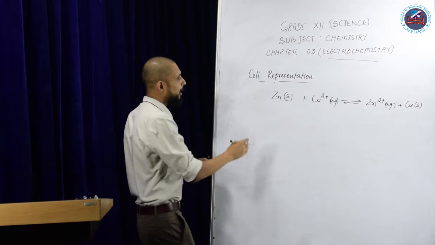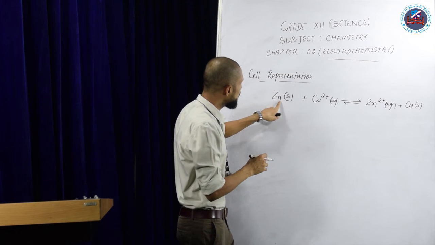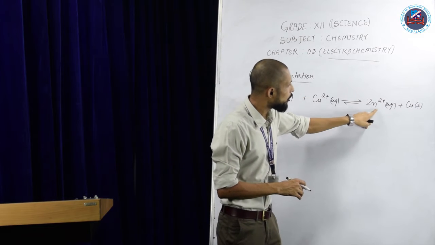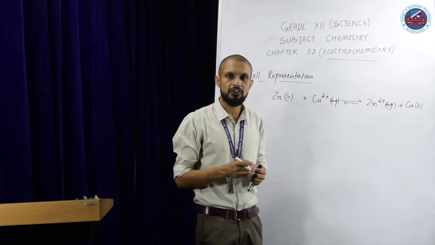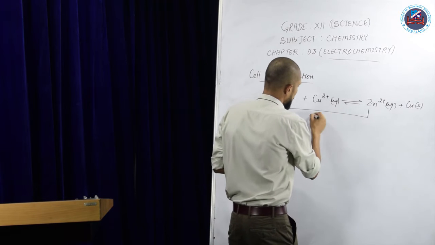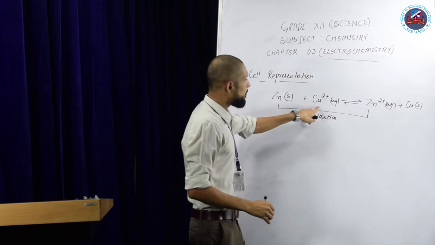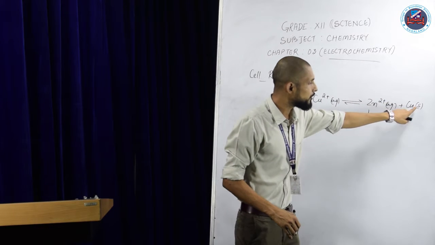Now we can easily find out the oxidation and reduction from here. You can see for zinc, the oxidation number is 0. Here the oxidation number is 2 positive. So we know when the oxidation number increases, it means oxidation. So this is oxidation. Copper 2 positive, so the oxidation number is 2 positive. Here it is 0.